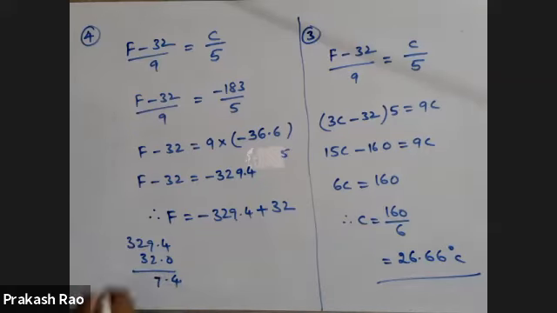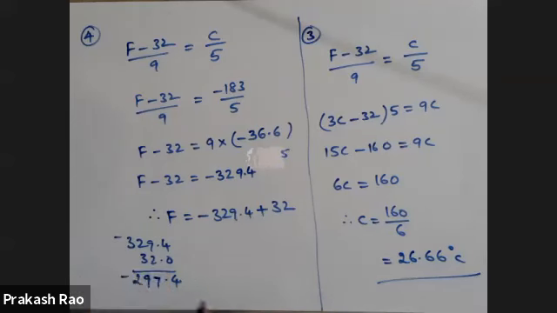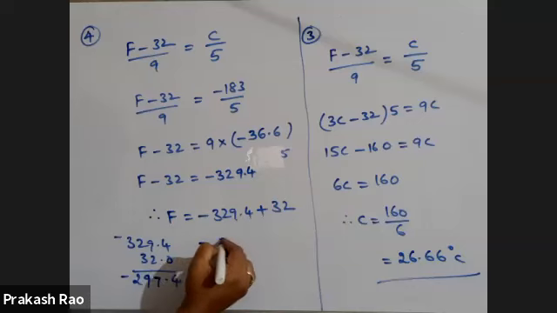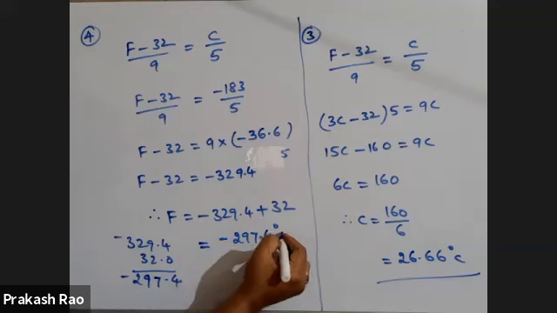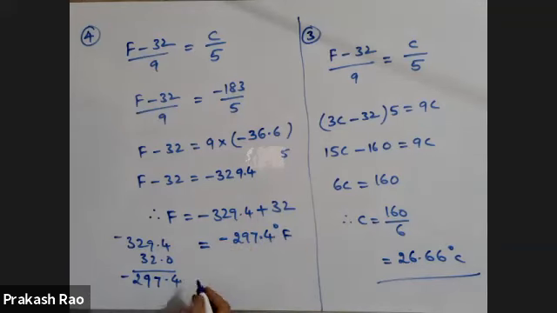Option B, sir, 297. This is 2, but the minus is more. The actual answer is minus 297.4 degrees Fahrenheit. This is the actual answer. They have taken minus 297 in the book. So, among the given options, option 2 is correct.